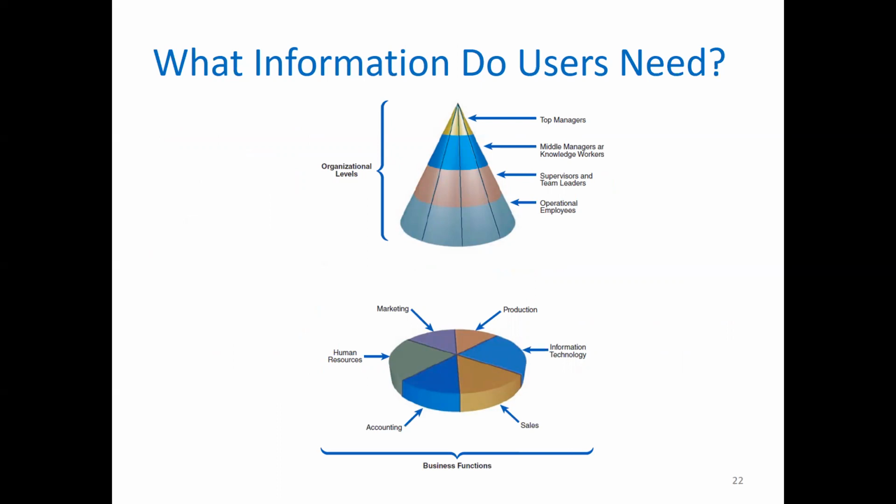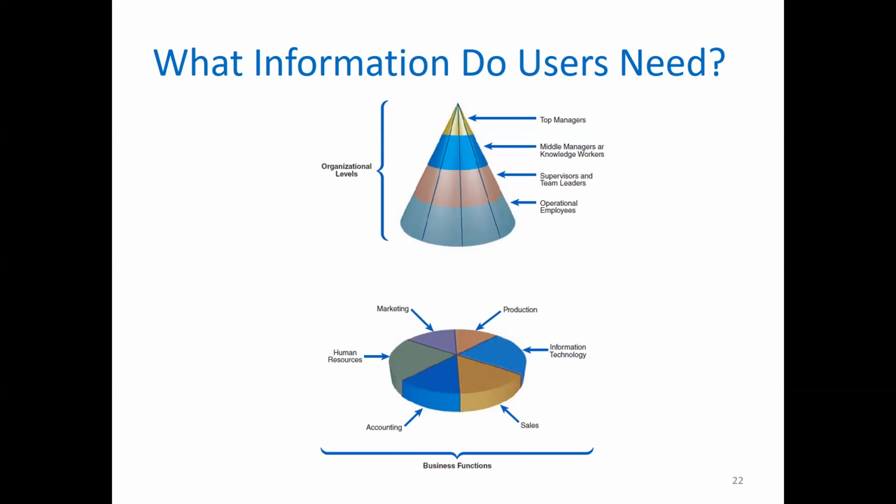What information do users need? For top managers, the type of information they generally need is strategic. When we talk about strategic, it's more likely long-term goals. For middle managers, the type of information that they need is tactical, tactical decisions that allow them to make good, critical, and keen decisions.